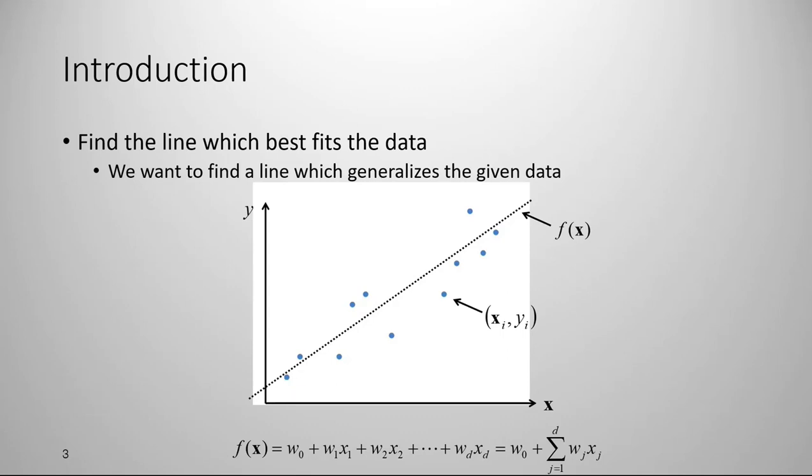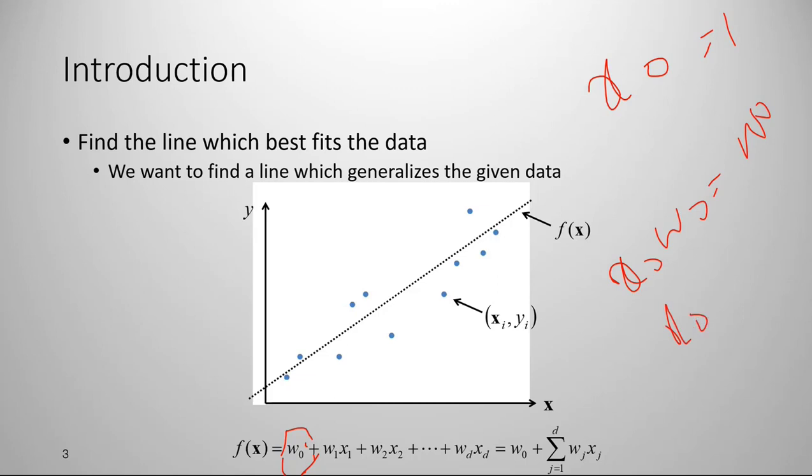Similar to the earlier equation, the first weight is W0, where X0 is 1. So this could be represented as X0 W0 where X0 is 1.